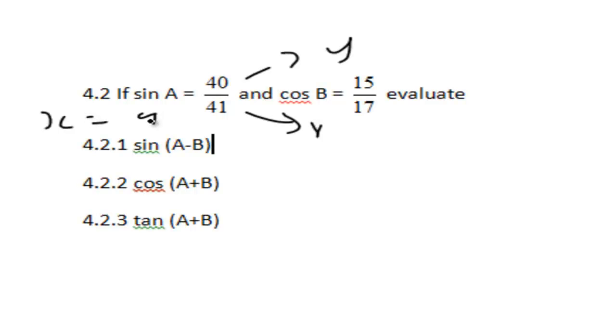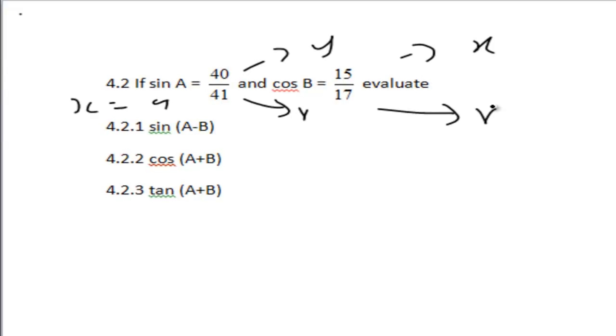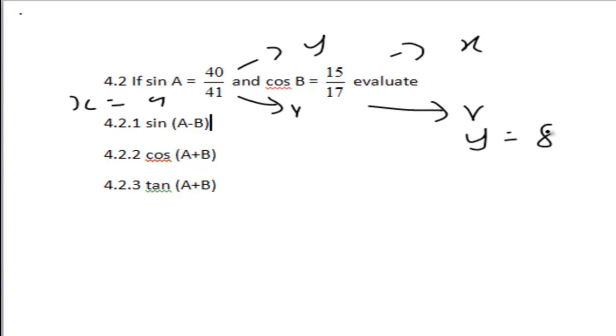And then here cos is x over r, and if we use the theorem of Pythagoras, then we get y equals 8. So we've got the x, y and r values for the angles, so the ratios become very easy.